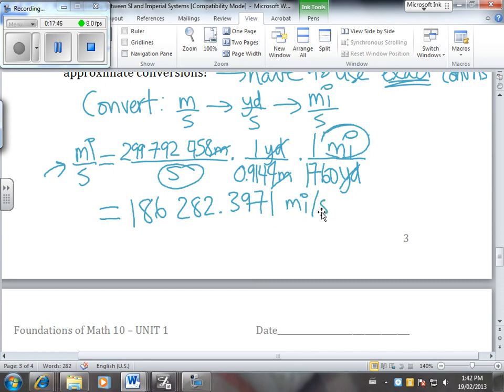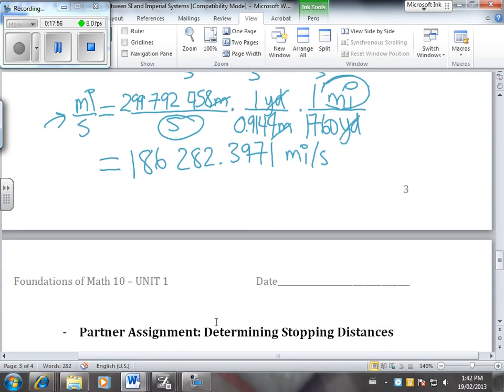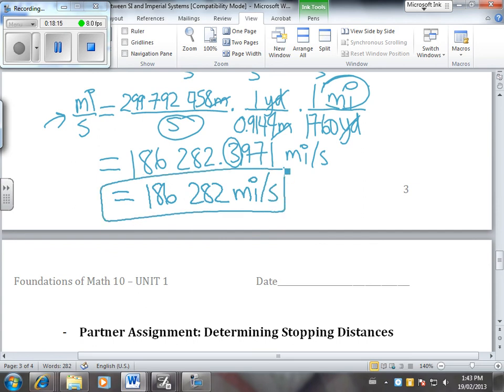Then I just look back at my question, and it asked for the nearest mile per second. So we're just going to round this answer a little bit. The digit next to this is 3, so we can round down. So we'll actually equal 186,282 miles per second. Okay.